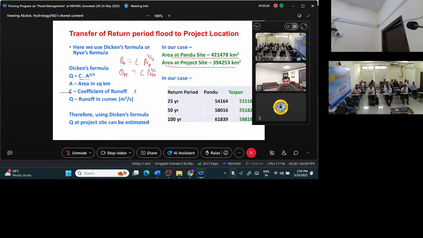We just divide it and compute what is the Q which will come out to be for the project. So this is simply the flood frequency analysis, and we compute our 25-year return period flood or 50 or 100-year return period flood at Tezpur on the basis of this method.